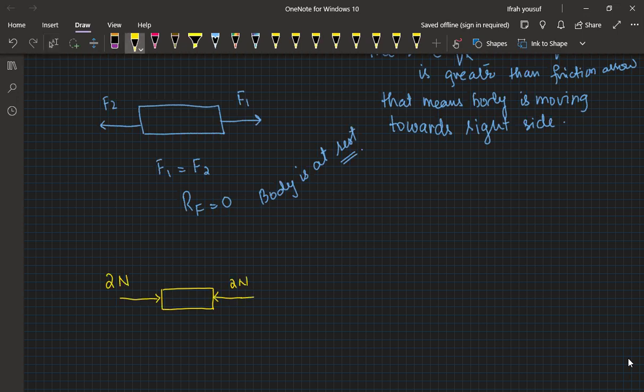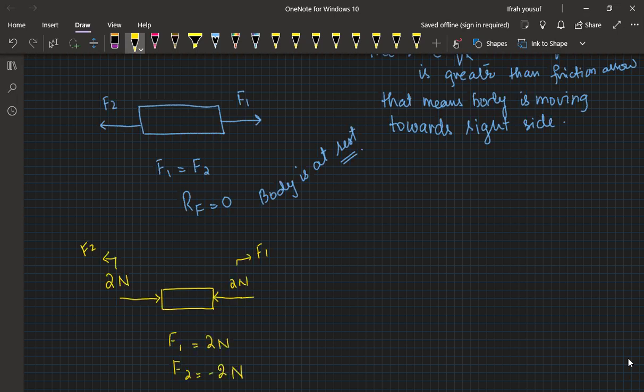Now, I'm going to call this F1 and this is going to be F2. So F1 is equal to 2 Newton, and F2 is going to be minus 2 Newton.